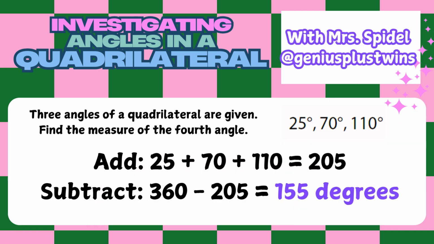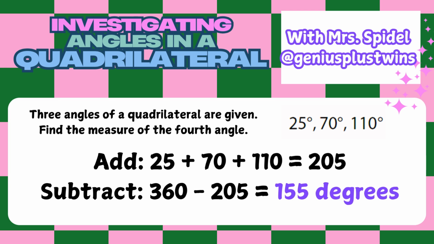What I did here is I added 25, 70, and 110, and that equals 205 degrees. I then took 360 degrees and subtracted 205 degrees to find out that the 4th angle is 155 degrees.